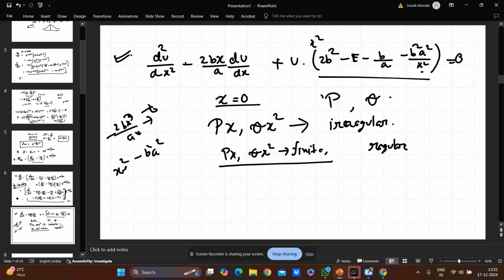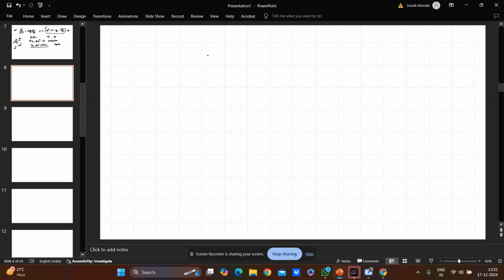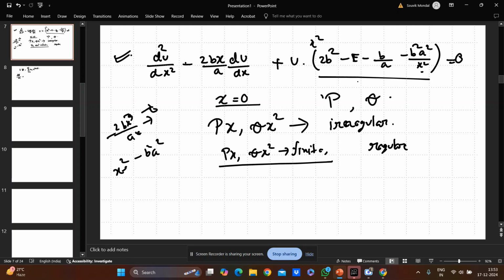Now you have to do the power series solution. They are telling that u is equal to, suppose, the sum over a n into x to the power n plus alpha, n is equal to 0 to infinity, obviously. Now let me write it in a simplified way.